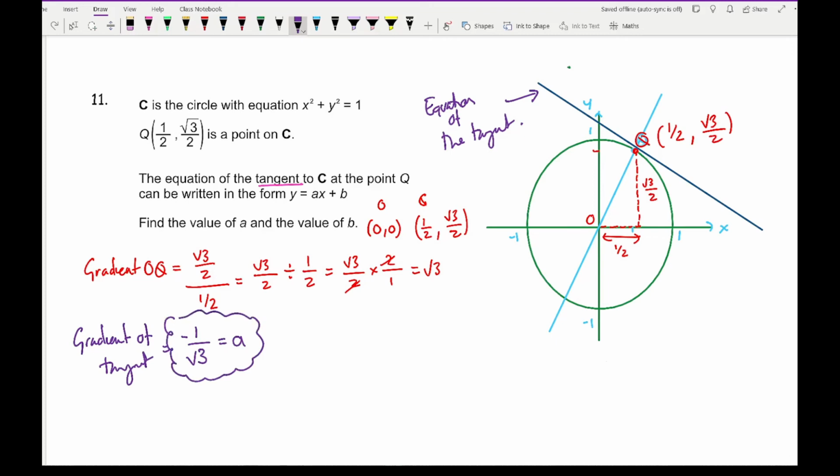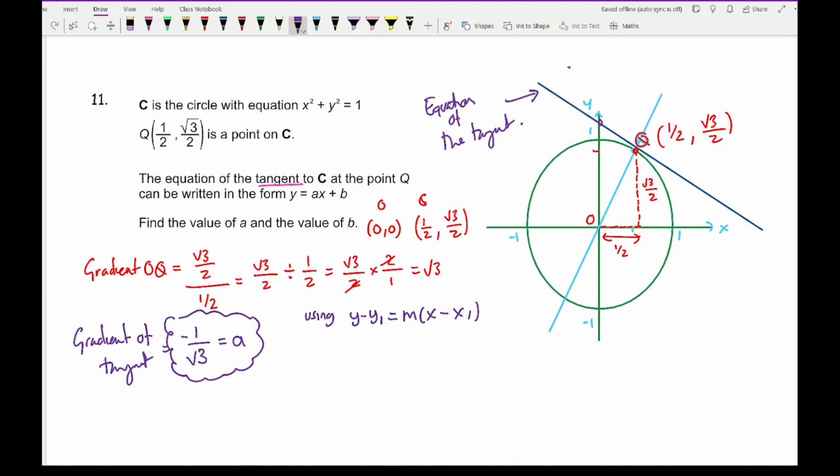So the next thing I then need to do is to find what this point here is. So what I'm then going to do is use y minus y1 equals m(x minus x1). I'm now going to work out what the y-intercept is going to be.